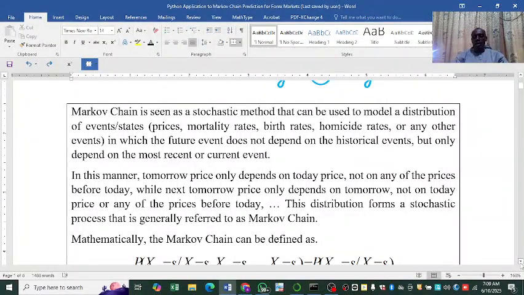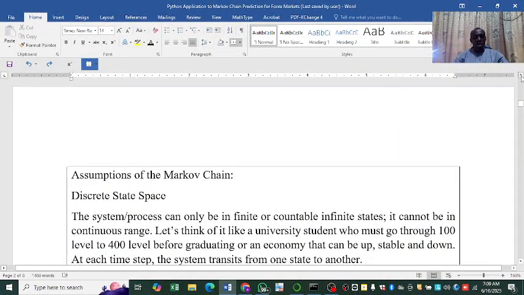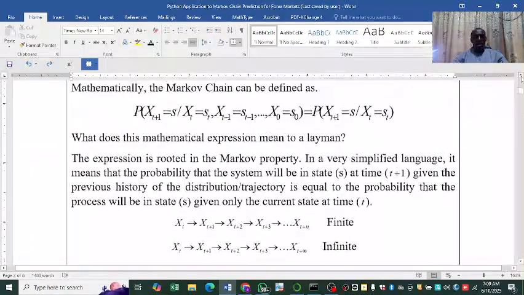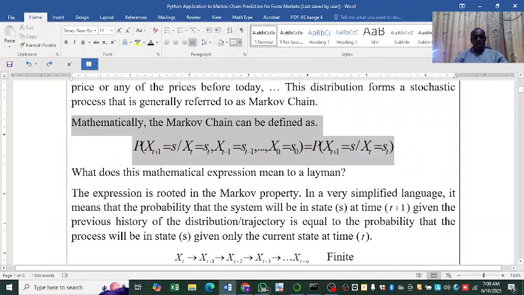Then let's look at the mathematical expression, or mathematical definition, of Markov chain. It is a probability model that is expressed as this. In this definition, we can simply explain this to a layman.